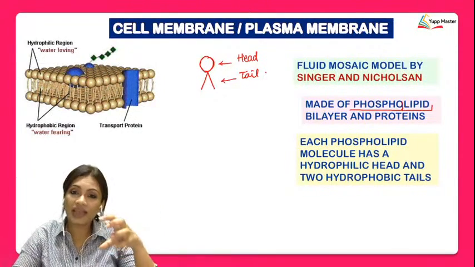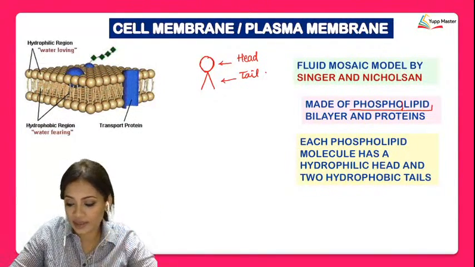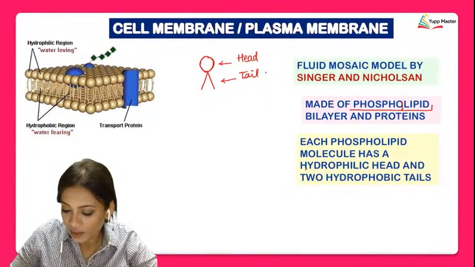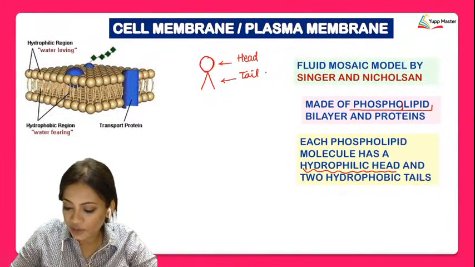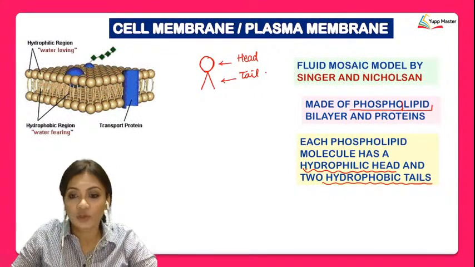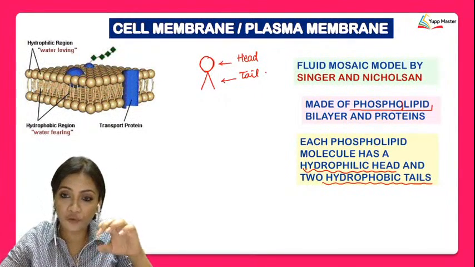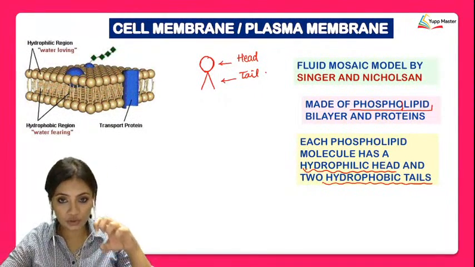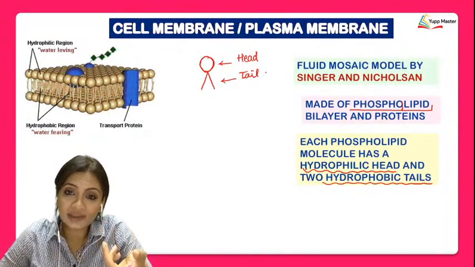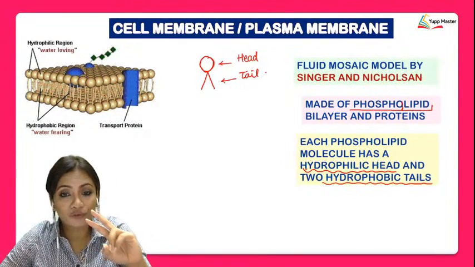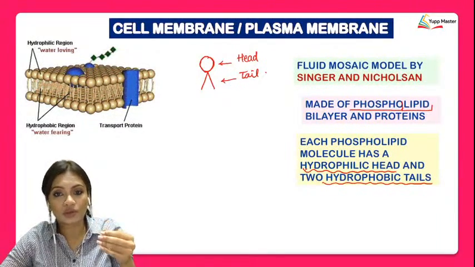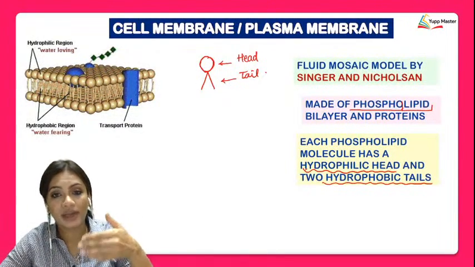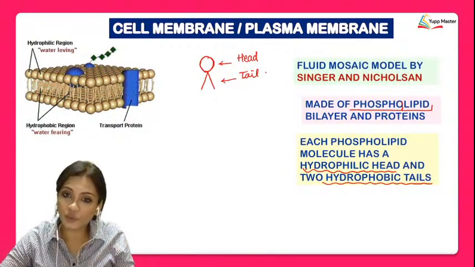Alright, so the head is hydrophilic, as it said here: a hydrophilic head and two hydrophobic tails. When I'm saying that the head is hydrophilic, it allows water to come in. But at the same time, having two hydrophobic tails allows water to stay inside at a proper level, and does not allow too much water to enter.